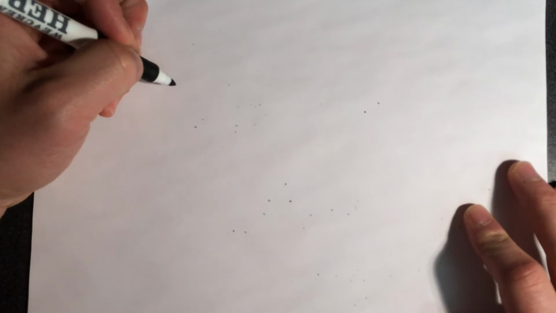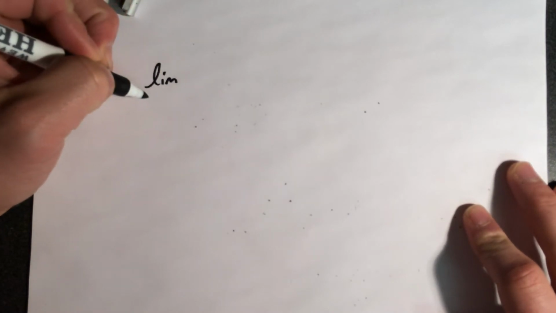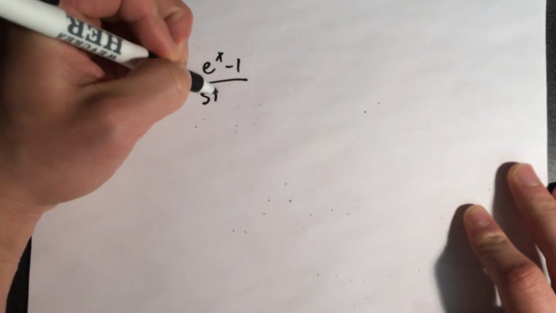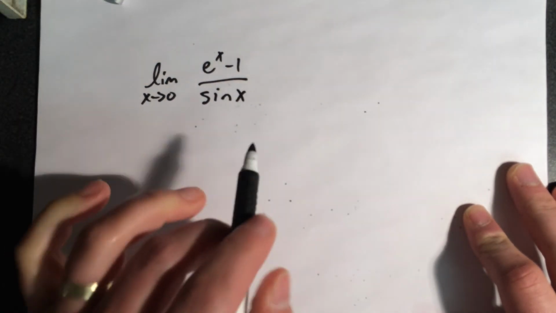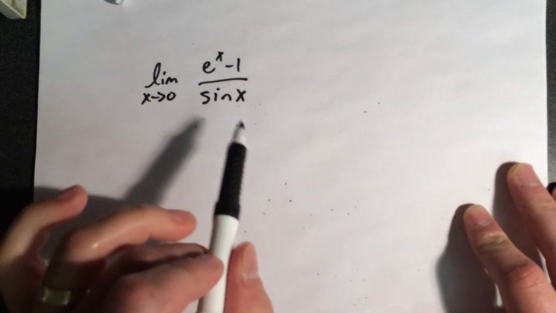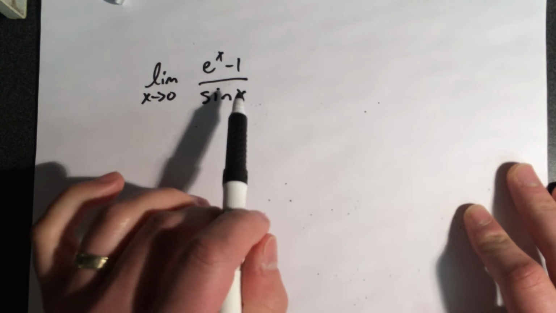So let's do that problem that I was just dealing with. The limit as x goes to 0 of e to the x minus 1 over sine x. Now, the real question here is which one of these wins? And that's really the big idea when you're working with an indeterminate form.